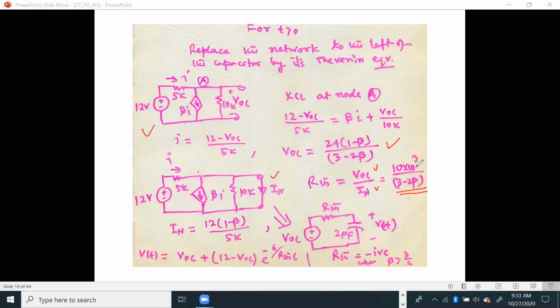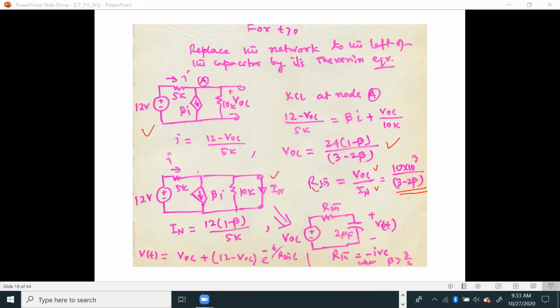Yes, sir. Now, what is the boundary value of beta between the plus and minus value of RTH? Yes, sir, 3 by 2. So 3 by 2. Okay, that means if your beta is increased beyond 3 by 2, then what will happen?